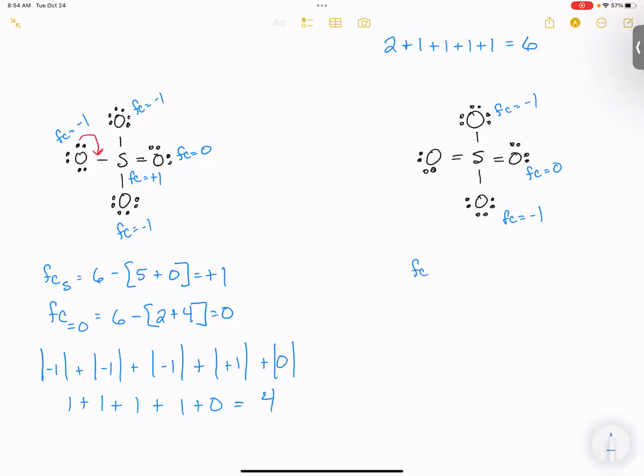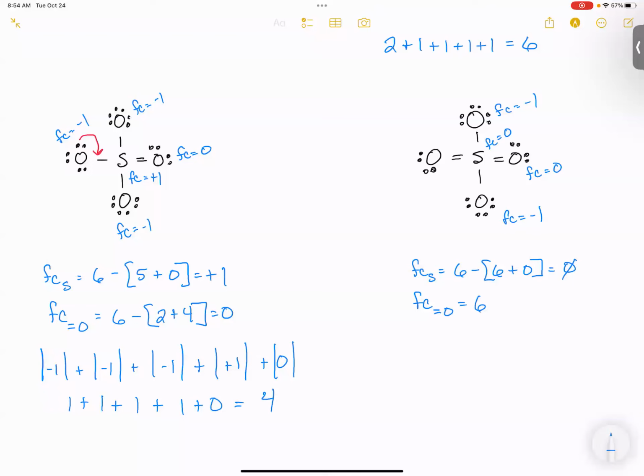So the formal charge on our sulfur is going to be equal to 6 valence electrons -1 for every bond. It now has 6 bonds, +1 for every dot. It has none. That means we got the sulfur down to 0. And for our oxygen atom that we made, it was a double bonded oxygen.